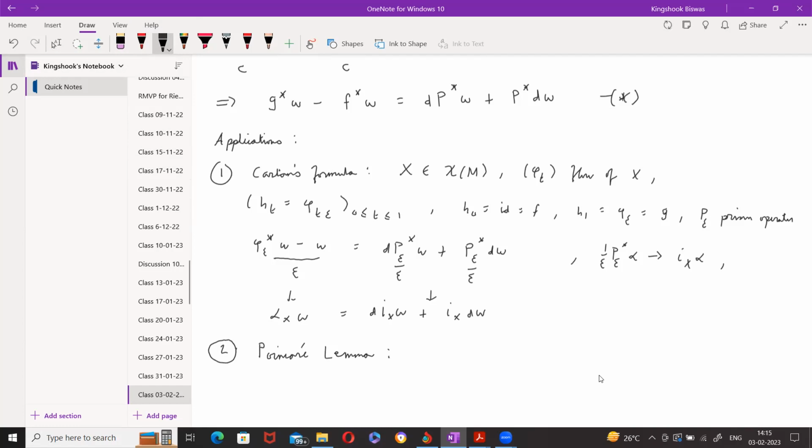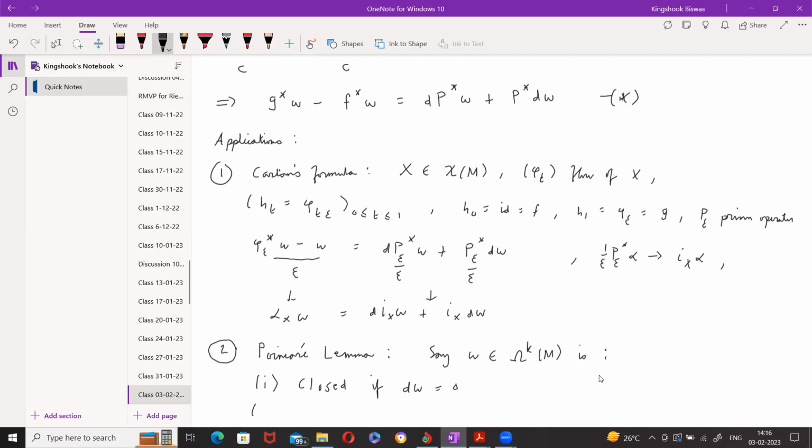So Poincare lemma will say the following. So we say that omega, a K form, is closed if d omega is 0.